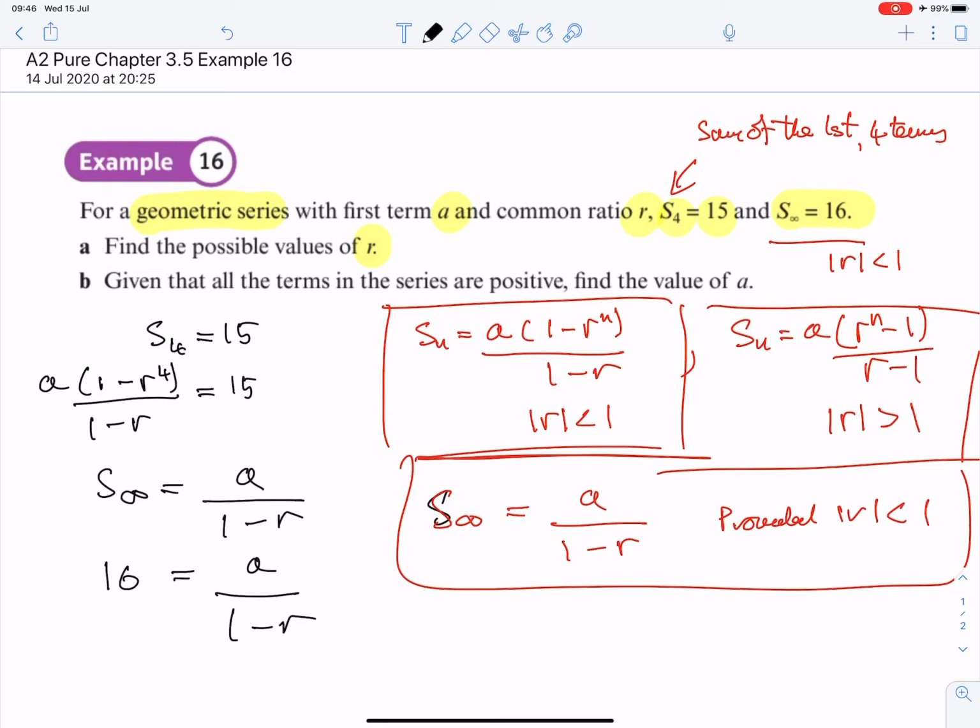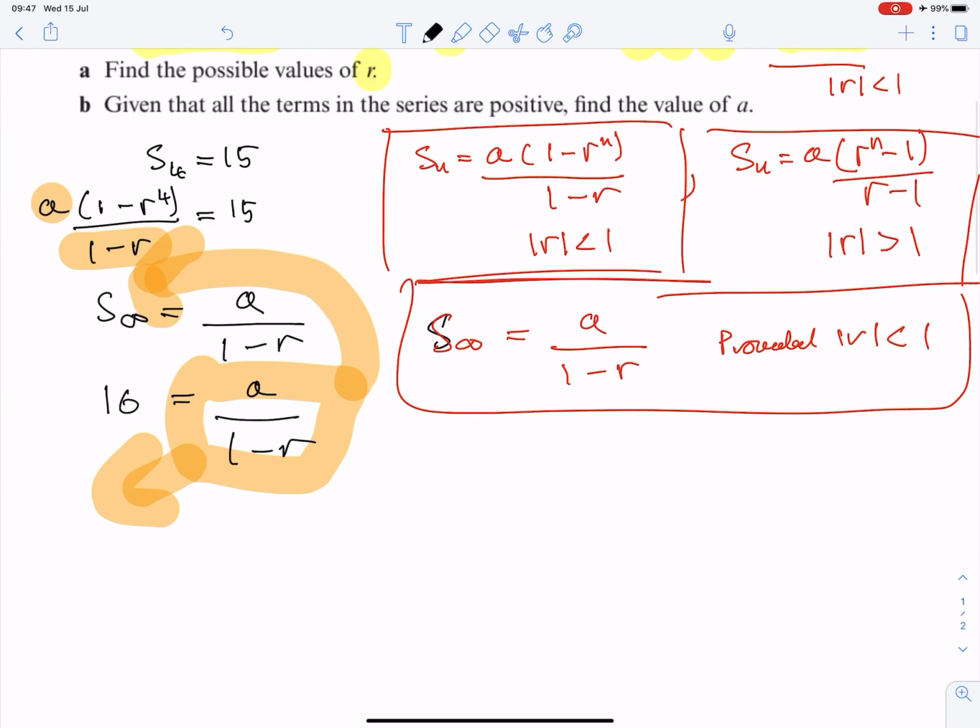Look at it carefully. What can we see? We've got a over 1 minus r there, and we've got a over 1 minus r there. So we can substitute in for a over 1 minus r to give 16 lots of 1 minus r to the 4 is equal to 15.